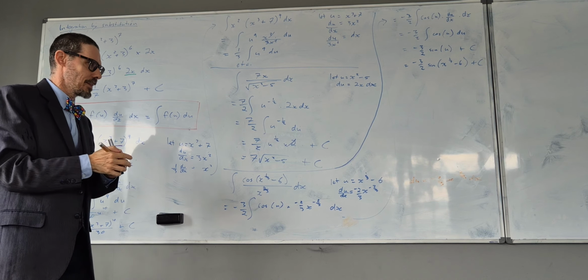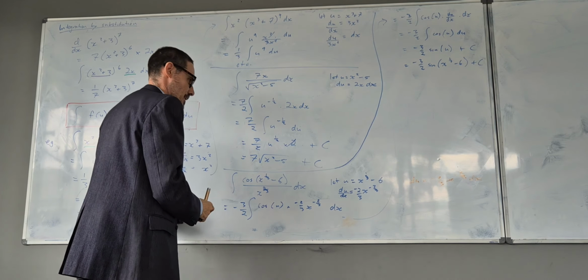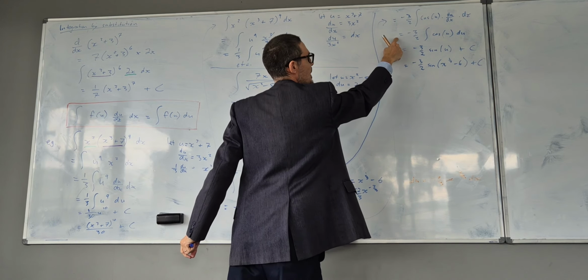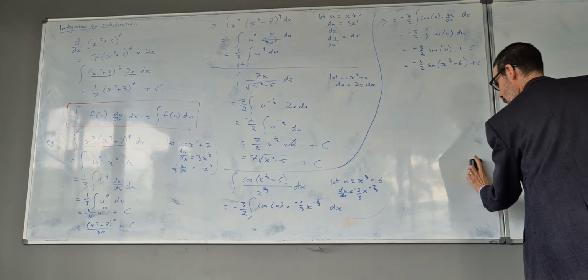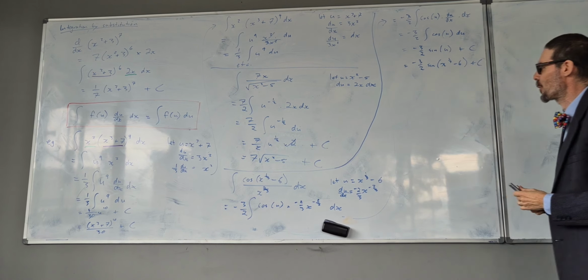But this is a shorthand to get to this. You can go the long way for as long as you need until you get comfortable with it. There's not a problem with that.